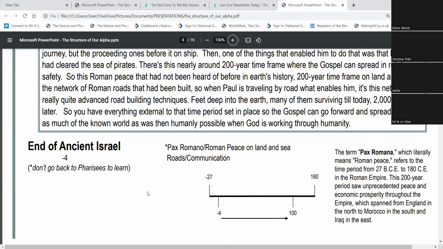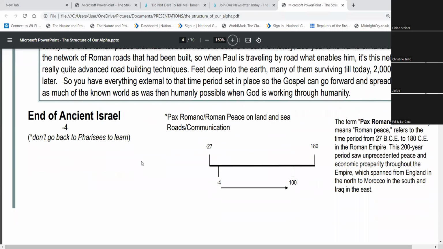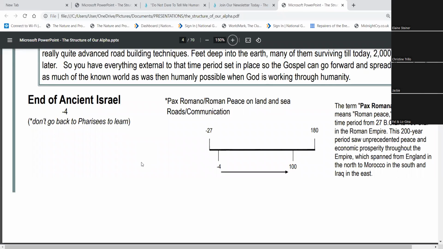Well, the line of ancient Israel, the Omega line, from 4 BC to 100 AD, the time of Patmos, spans near 200 years. So unprecedented peace and economic prosperity through the empire, which spanned from England in the north to Morocco in the south and Iraq in the east.